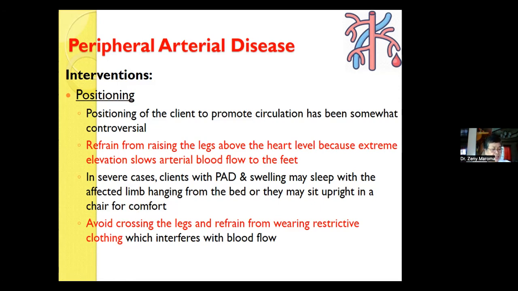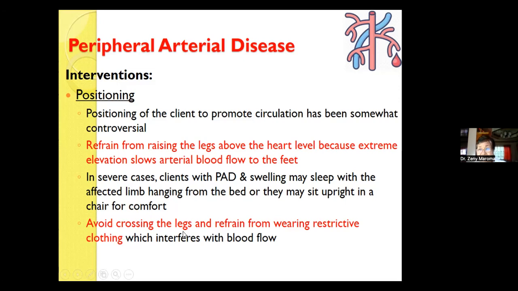In severe cases, clients with PAD and swelling may sleep with the affected limb hanging from the bed or may sit upright in a chair for comfort.